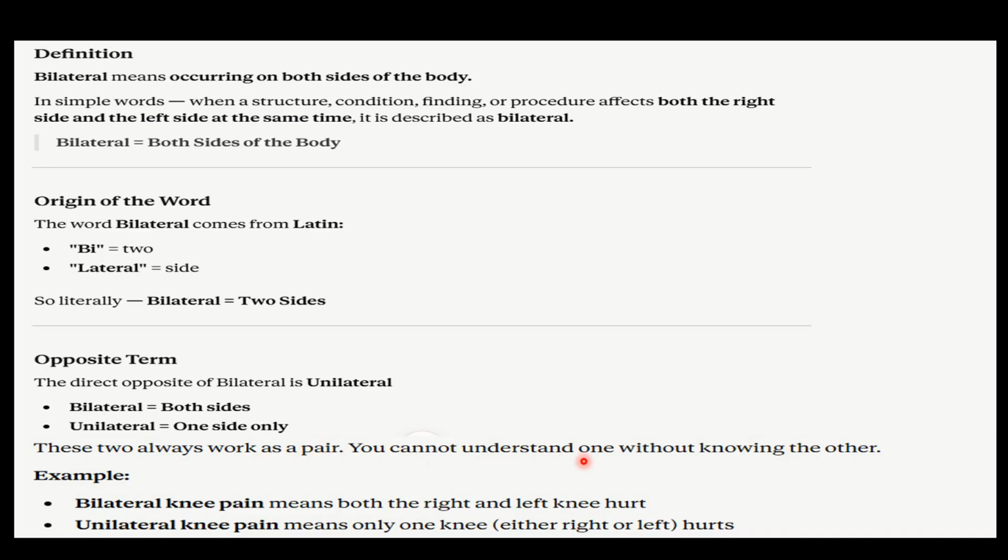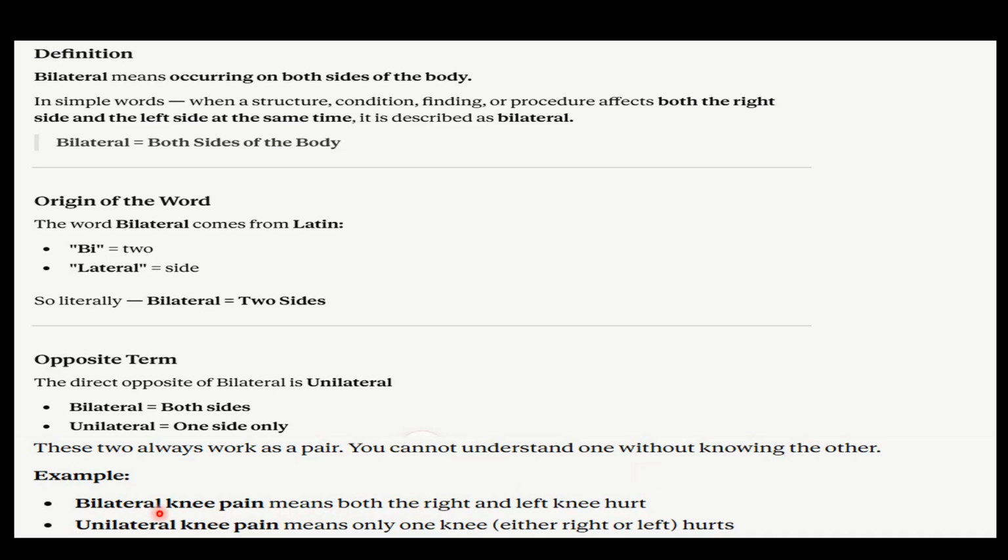You cannot understand one without knowing the other. If you are learning all the terms, you know that every term has its meaning and its opposite term. So if you know both terms, things are much more relatable. Correct? Fine. Now let's see the examples.